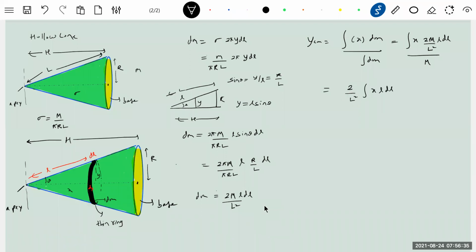What to do with x now? x is there and small l is also there.